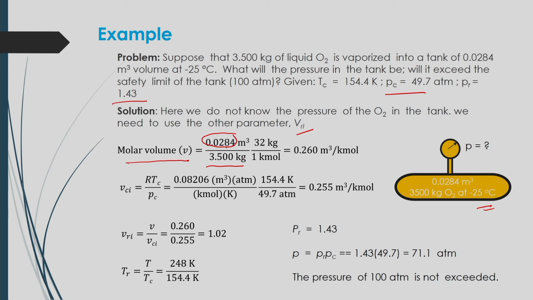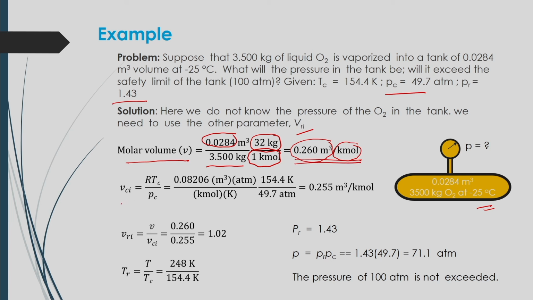So, meter cube per kg it will be 0.0284 by 3.5, and if you convert it into mole, you can get it just by multiplying it with the molecular weight. In this way you can calculate this meter cube per kilo mole.